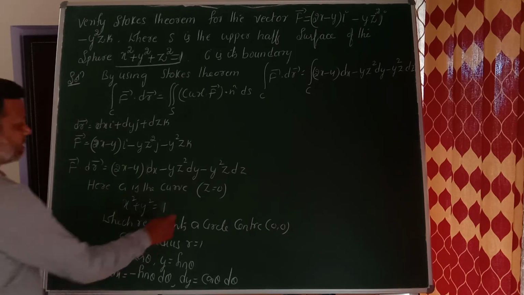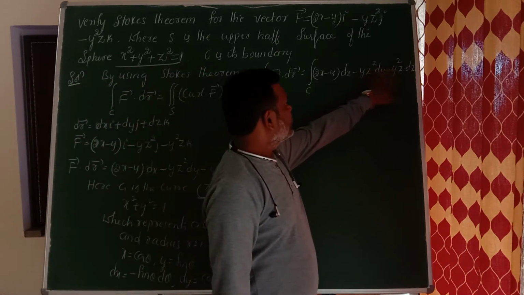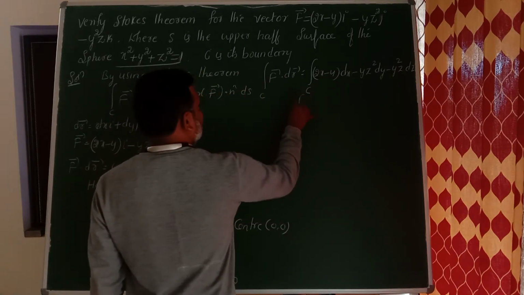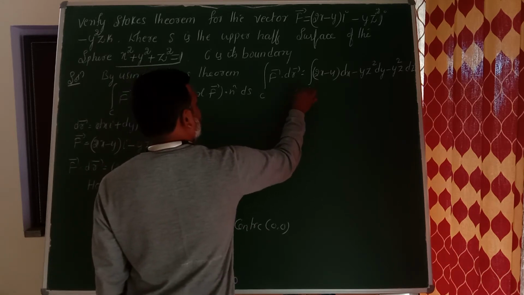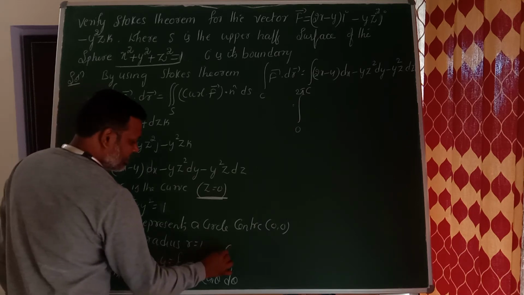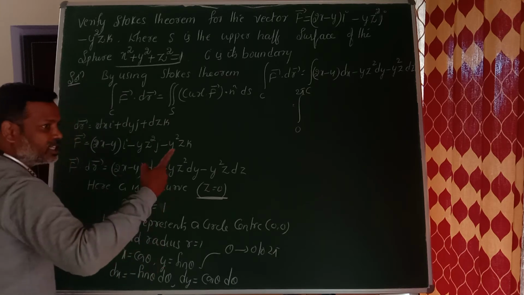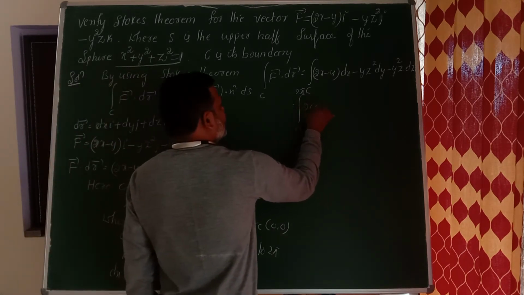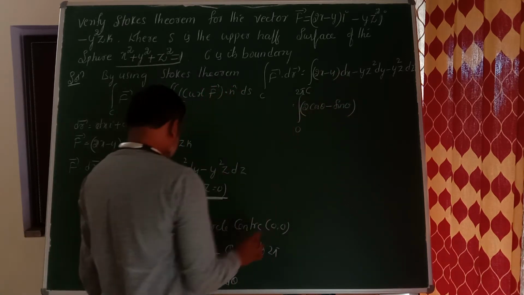Since it is two-dimensional, the z terms go away. Remaining is (2x minus y) dx. Since it is a circle, theta goes from 0 to 2 pi, the complete cycle. So 2 times x, which is cos theta, minus y, which is sin theta, into dx. What is dx here?